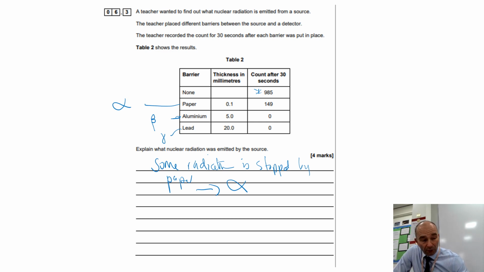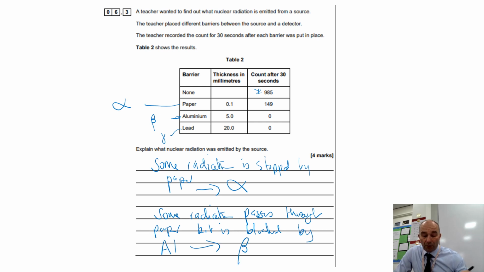The next 2 marks come from the fact that some radiation passes through paper but is blocked by aluminium. That tells us we've definitely got some beta particles being released by that source. There's your 4 marks.